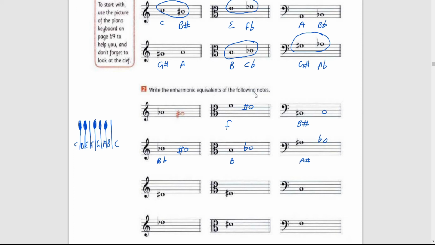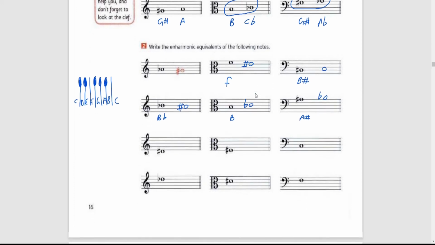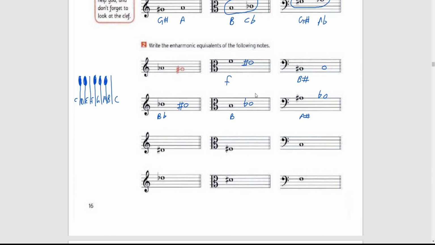Okay, next one we have this is our D sharp. So we check here. D sharp is E flat. So we can make it E and flat. Next one, this is our C, B, A, G, F. So this is our F sharp.